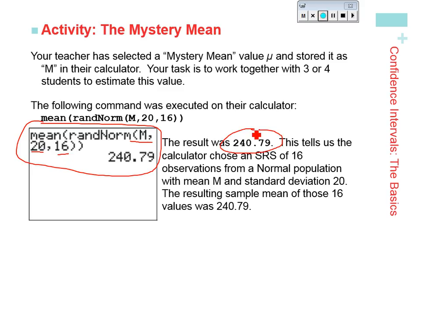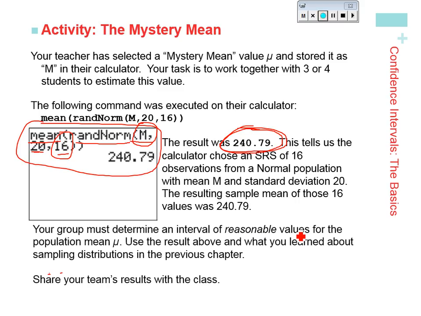Meaning there's some normal population that has a mean of a certain value with a standard deviation of 20, and if we took 16 samples from that population and we recorded what the mean was, it was 240.79. One of the things that we'll start off with our first day of class is looking at this activity and trying to come up with an interval for which we think would encompass what this mystery mean is.